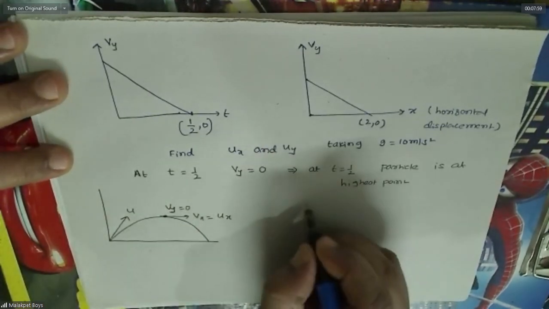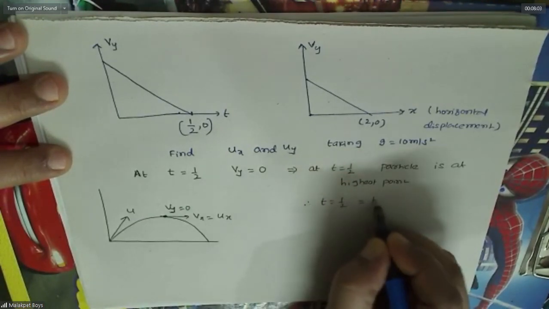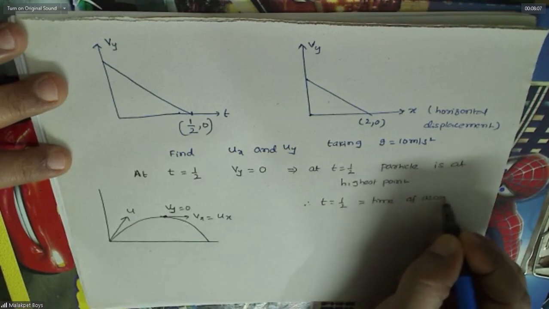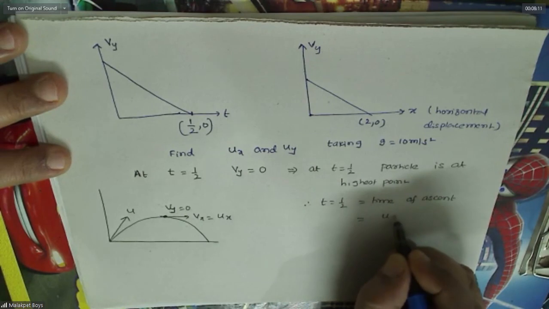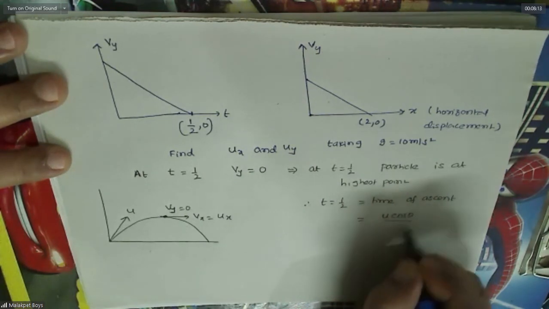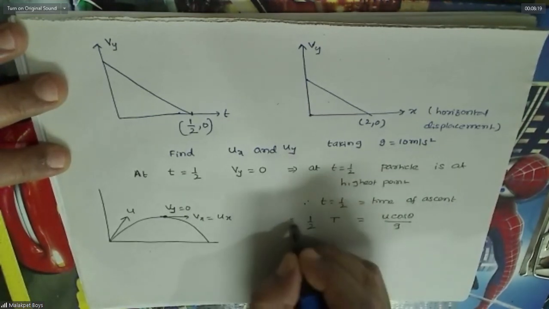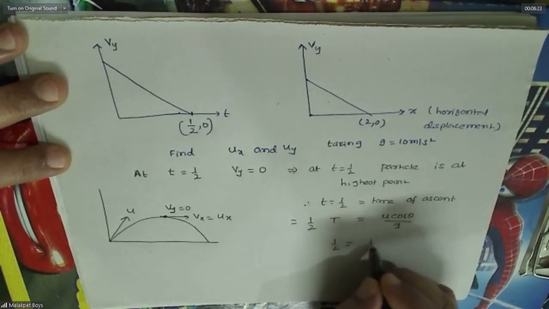Therefore, t equals 1 by 2 is the time of ascent. Do you agree with this? Yes, sir. Half of total time of flight, no? Agreed? That means 1 by 2 is u cos theta by 10.